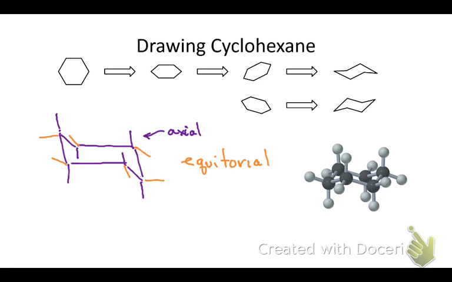I'm going to take my butane apart. You're going to have to tell me which has the most strain in it. Okay? And so I'm going to build a couple of these.